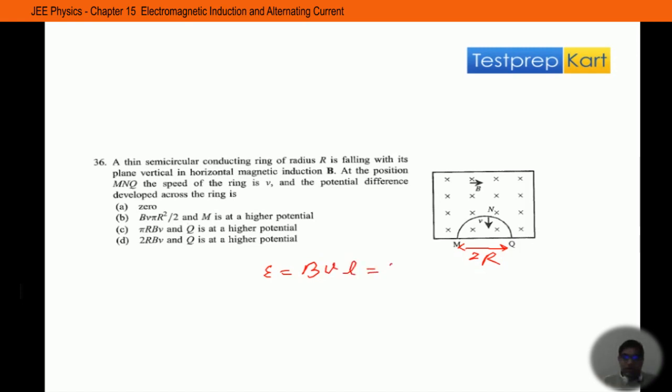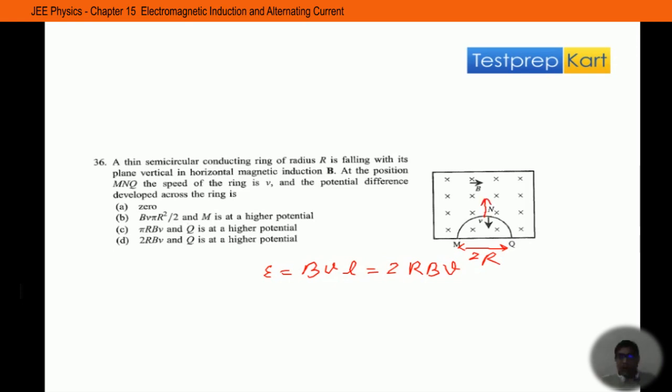So from here we get 2R B into V. This is our first point. Now it is asking which point is at the highest potential. There is a movement in this direction, so the induced quantity will try to apply a force in the opposite direction.